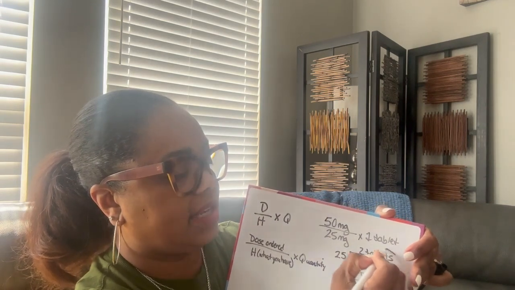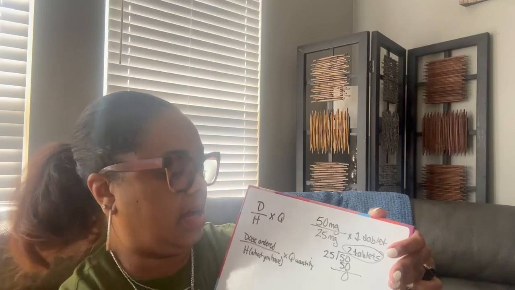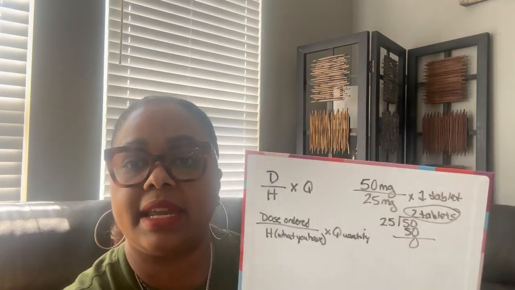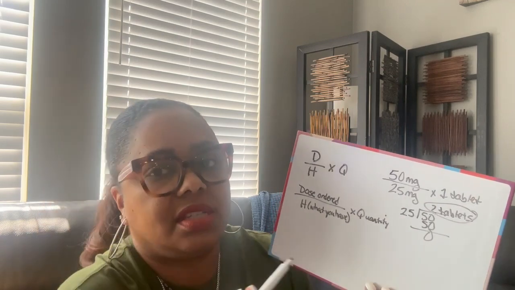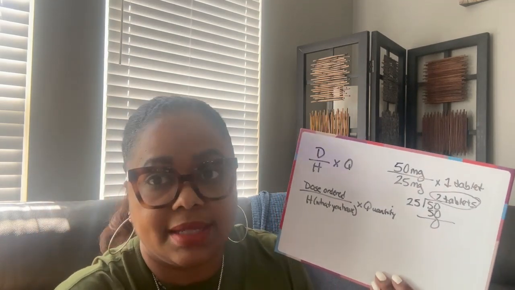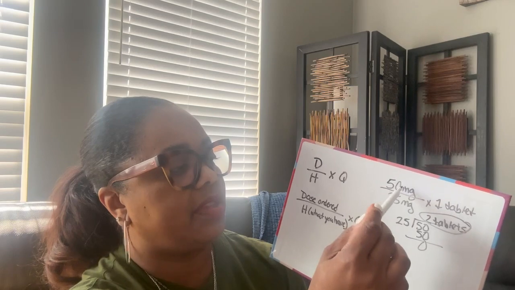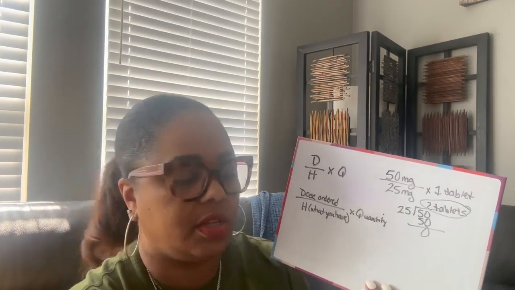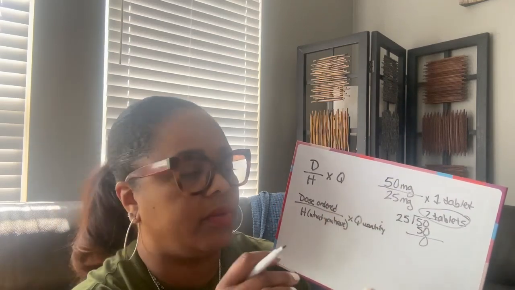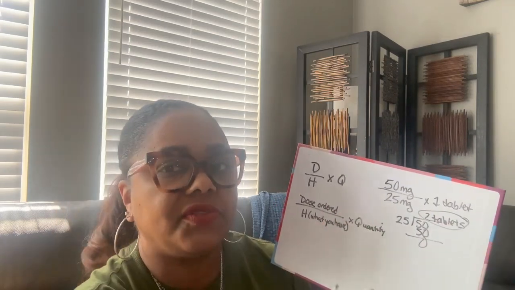You must answer in the quantity that it is ordered in. So it's 2 tablets. You can't just say the answer is 2 because 2 what? And that's a way of making sure that you keep what's ordered with what you have on hand. So you don't want to mix up, 50 units is not equal to 50 milligrams.